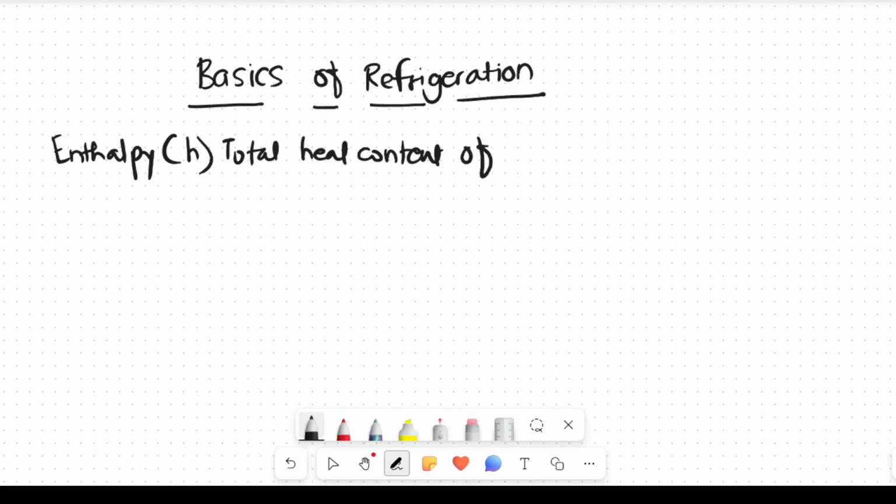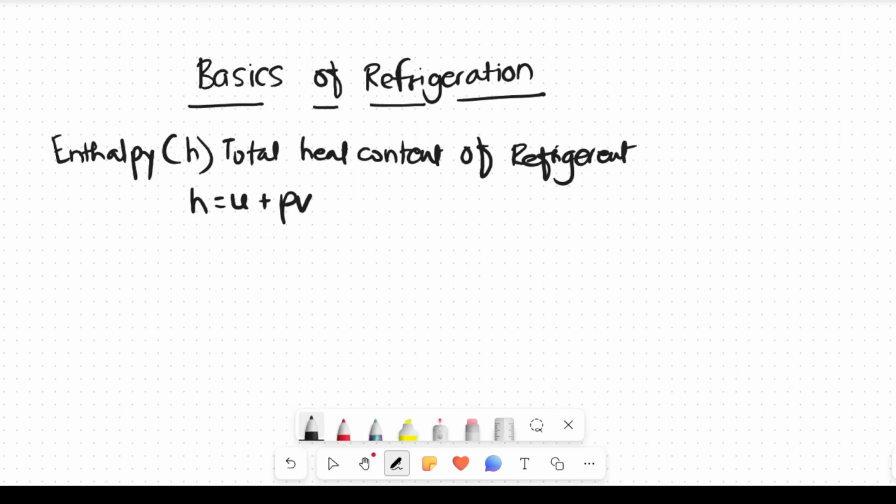Refrigeration systems have refrigerants as the working fluid, so it is the total heat content of the refrigerant. H is equal to U plus PV, where U is the internal energy, P is the pressure, and V is the velocity.